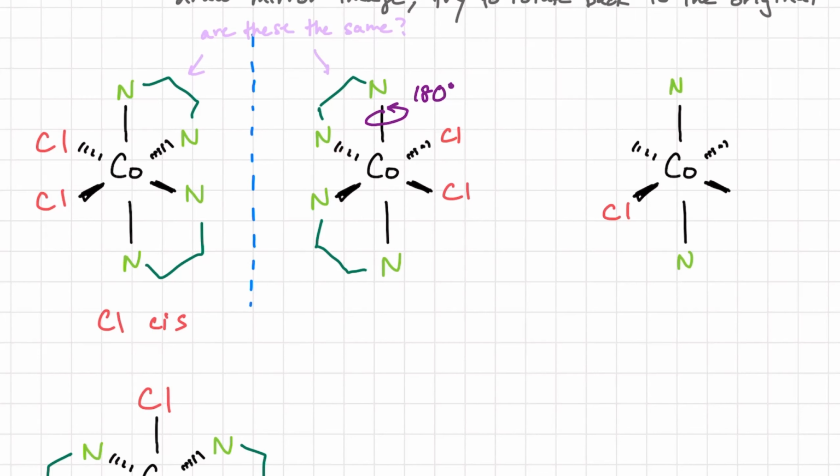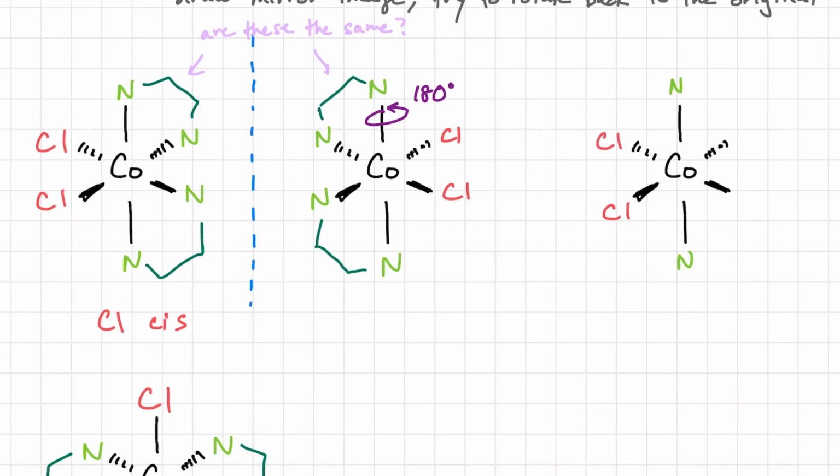And you might be like, well, how did you know to rotate it 180? Why didn't you rotate it 270 or 90? Well, I know that because if I rotate these two groups 180 degrees, they're going to end up on this side, which is where they were in my original.